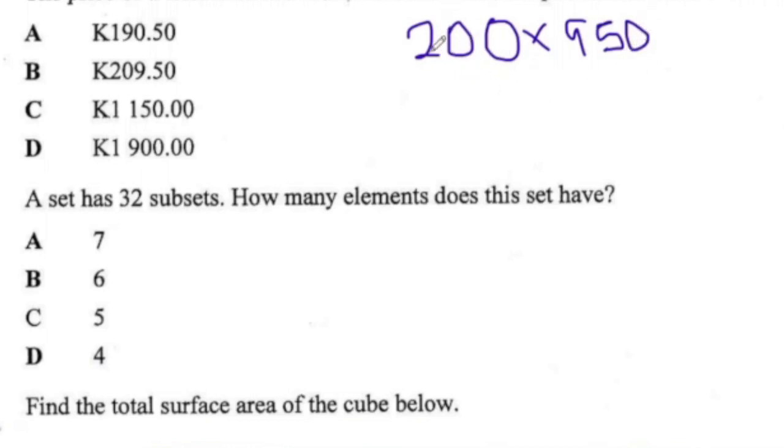Then we multiply this by this, or we can multiply 2 by 950, which should give us 1,900. Yes, if I'm not mistaken, 1,900. Then plus these 2 zeros we haven't used, it's going to be what?